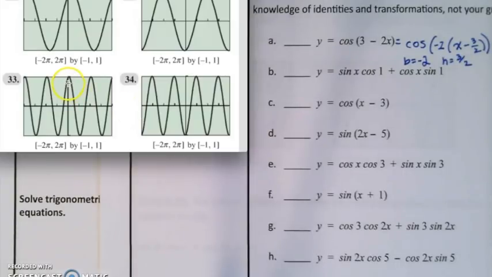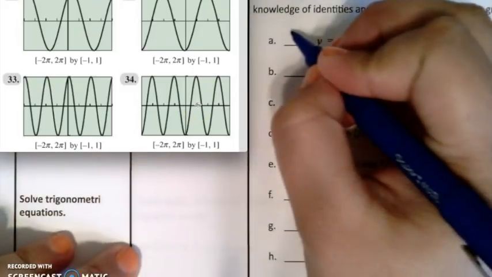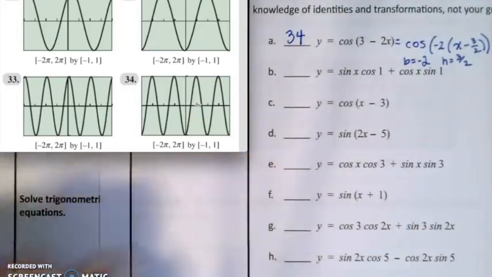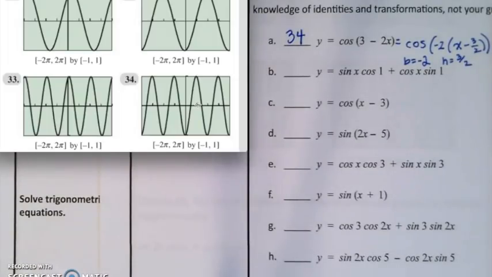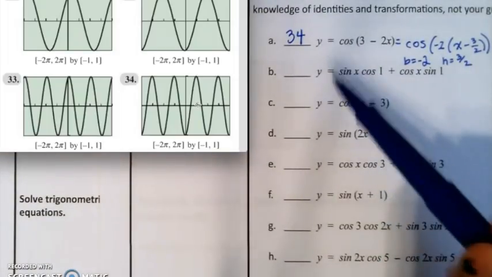This doesn't look like it's enough to be a phase shift of 3/2, but this here, 1.5, is about half of pi. So sure, it looks like a phase shift of 3/2. So for part A, our answer is 34. All right. Now this answer, 34, will come up again somewhere.